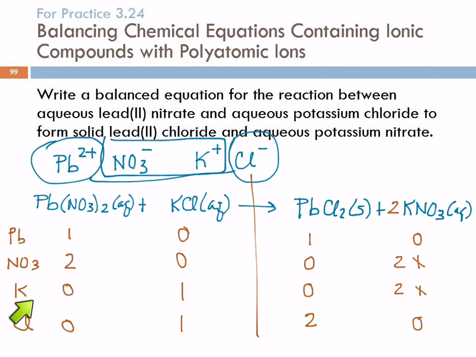Now I'm going to look at potassium. I've got one potassium on the left and two on the right. So I need to put a 2 in front of KCl, and that changes its numbers below. So I've got two potassiums and two chlorines. So potassium is balanced now, and ta-da, chlorine is also balanced. Any questions?